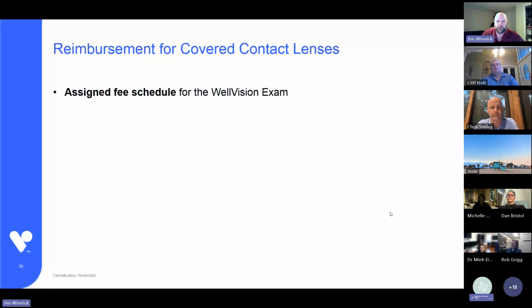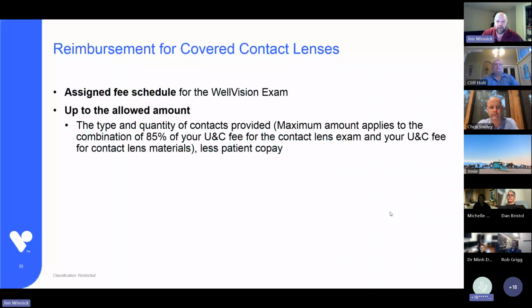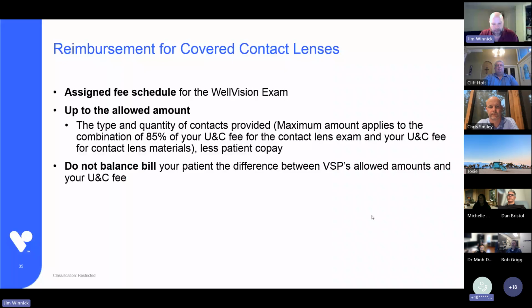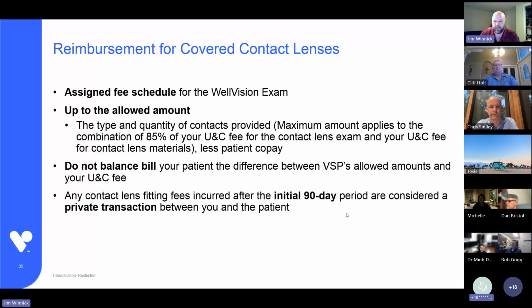Your well vision exam is separate, and you are paid up to the allowed amount, and that allowed amount includes both your fitting fees as well as a year's supply of lenses, less the patient's copay. You can't balance bill the patient for the difference between VSP's allowed amounts and your usual and customary fees. And any contact lens fees incurred after that 90-day window, just like all of the other plans, that then becomes a private transaction.